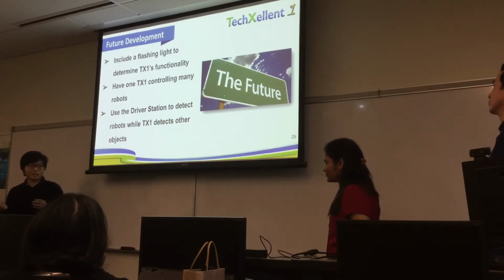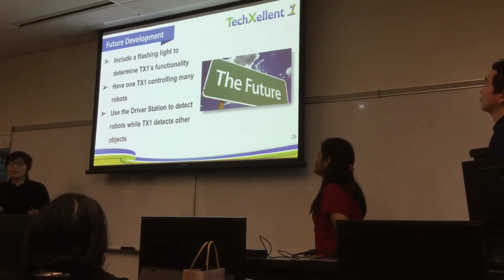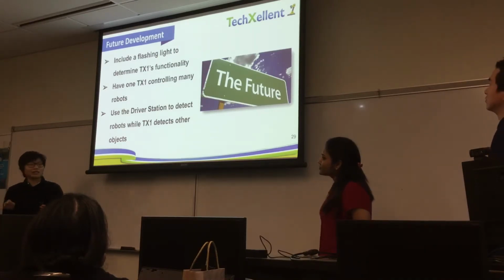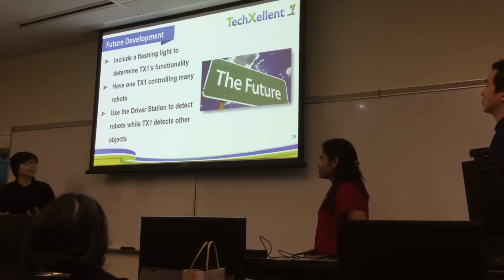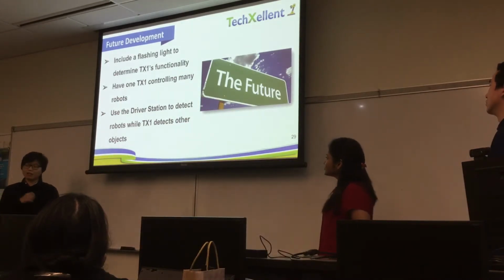So when the TX1 is attached to another platform, we can literally know that okay, the TX1 is there. And right now the TX1 is only controlling one robot, but since it's a powerful processor, it can be used for more robots maybe.